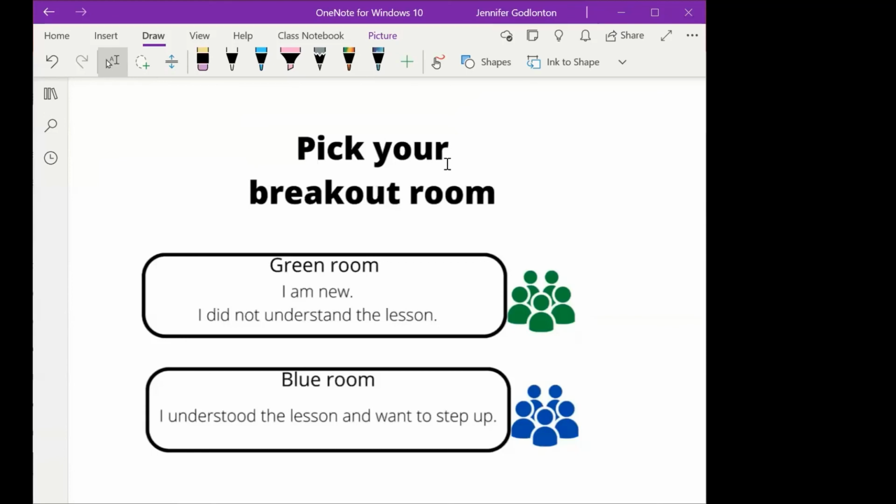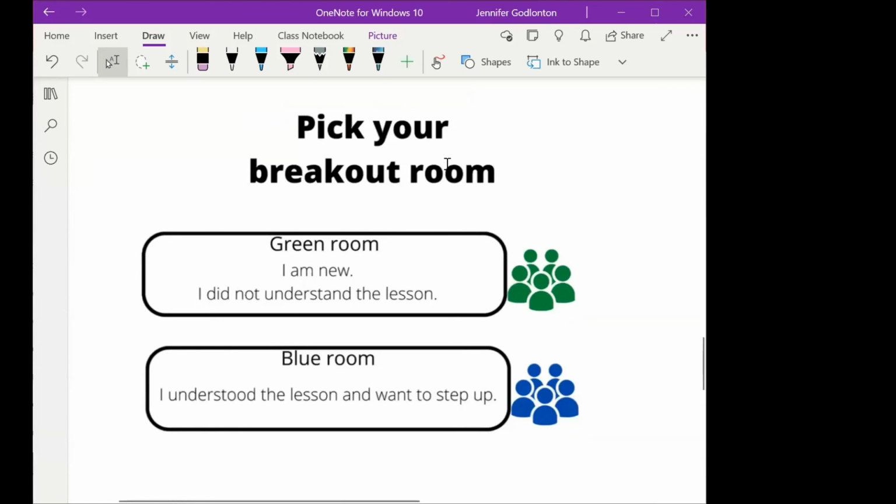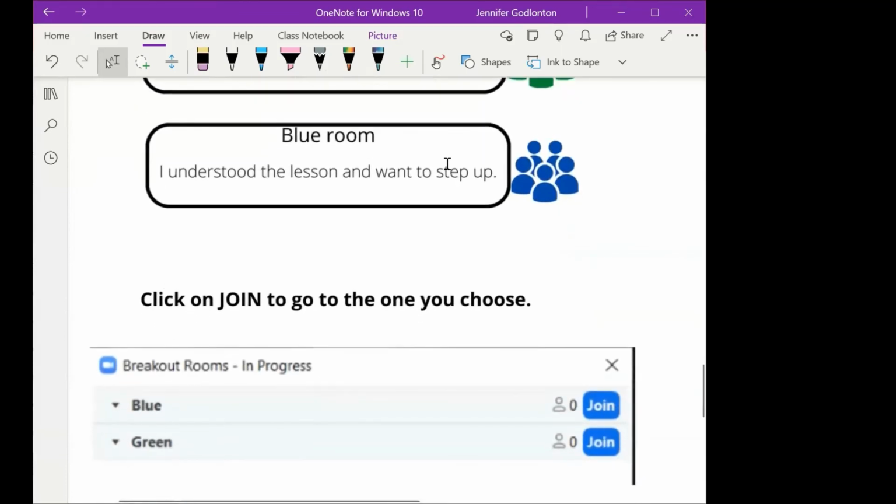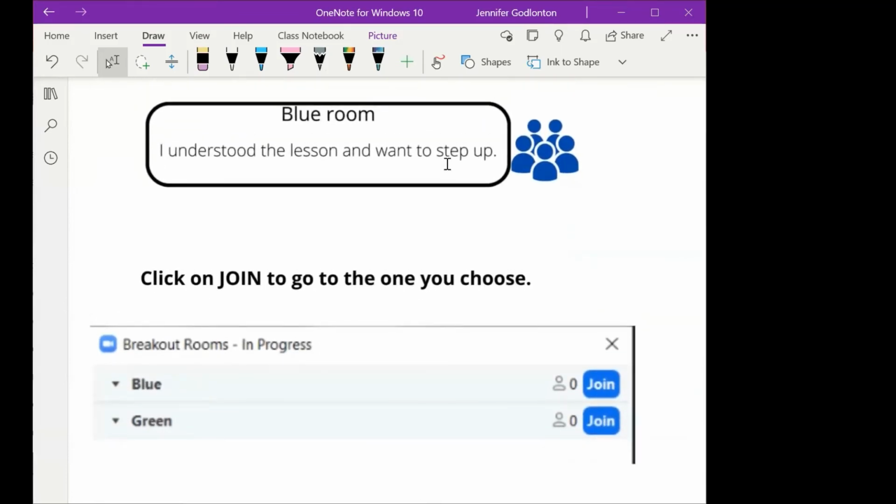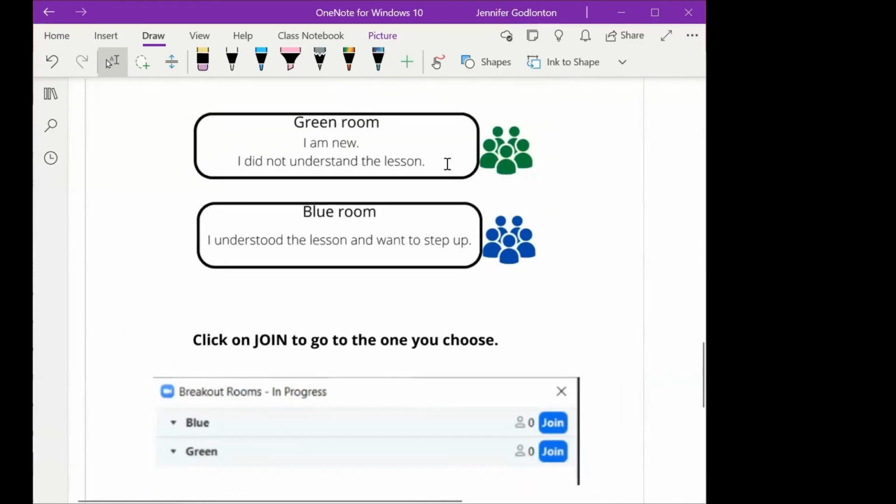Okay, so just look at these carefully. Green room, if you're new or you struggle with today's lesson. If you're totally fine in the lesson, you're going to go to the blue room. You're going to see something that looks like this. It's going to give you 2 different options. It'll say blue and green, and you choose which one you're going to join. It'll come up on the screen now.